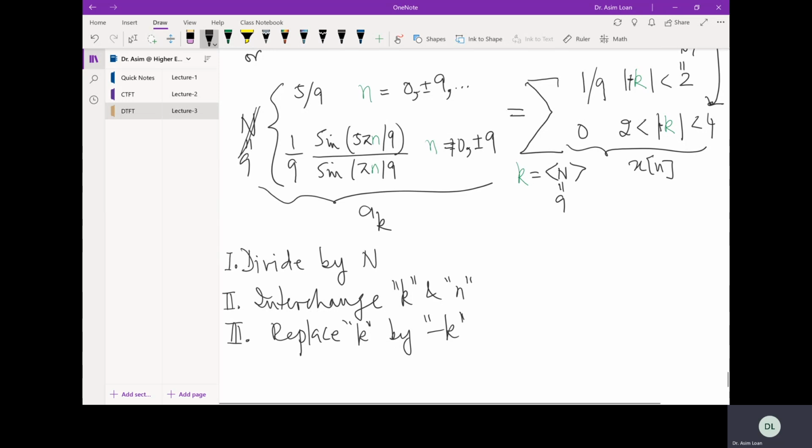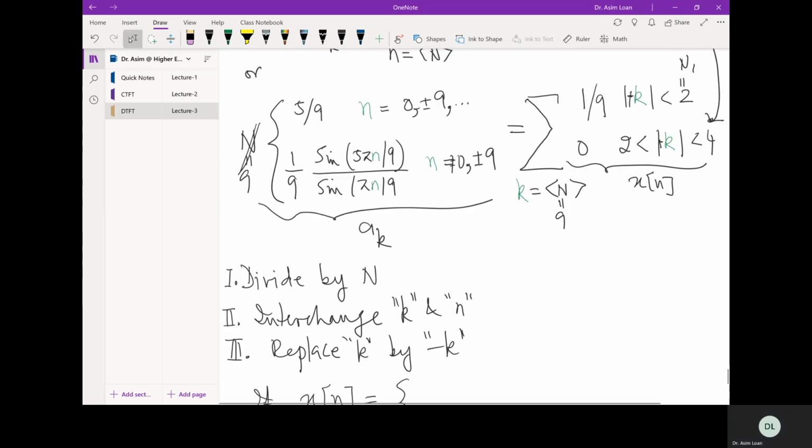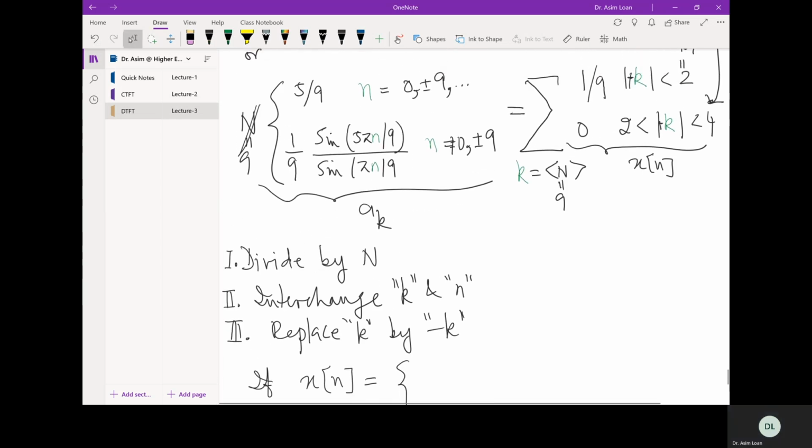So this will become x of n, let me write here. This will become x of n, and this will become a of k.